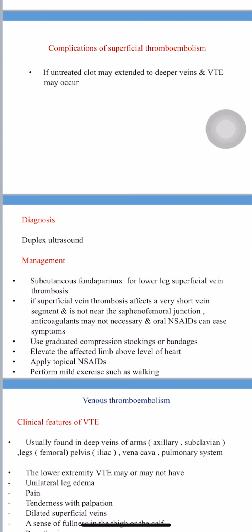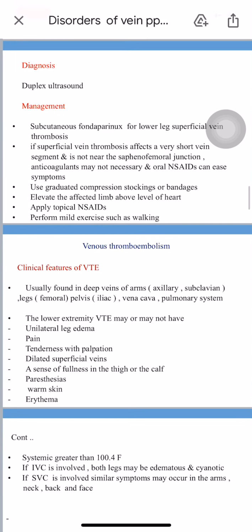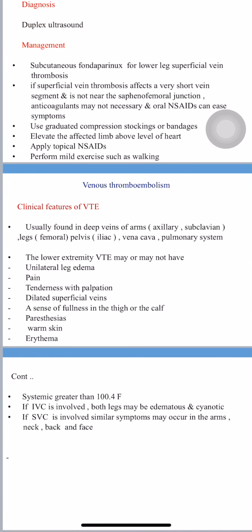And if the superficial vein thrombosis affects a very short vein segment and it is near to the saphenofemoral junction, the anticoagulant therapy may not be necessary. The oral anesthetics can ease the symptoms. Next is use of graduated compression stockings or bandages.